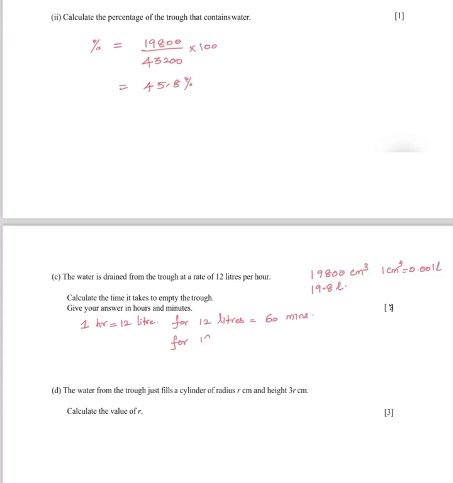So for 19.8 liters, it would be 60 times 19.8 by 12, which gives us 99 minutes. This can be split as 60 plus 39, that is 1 hour and 39 minutes.